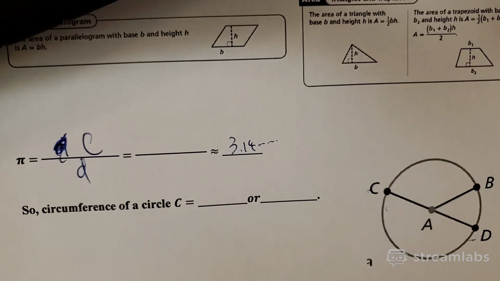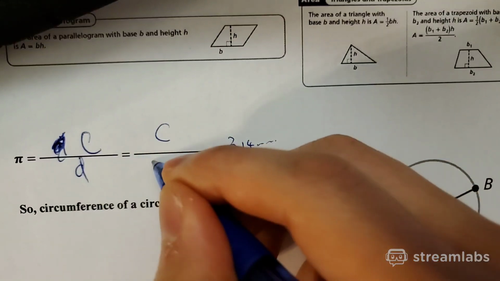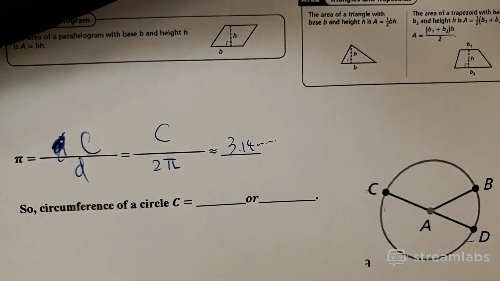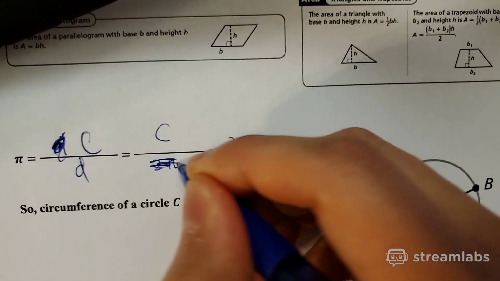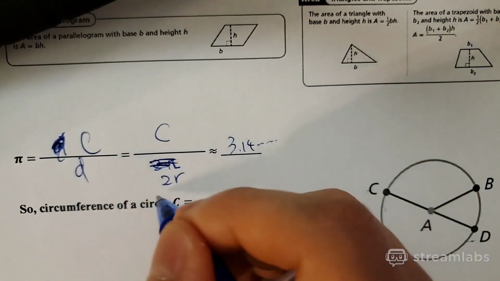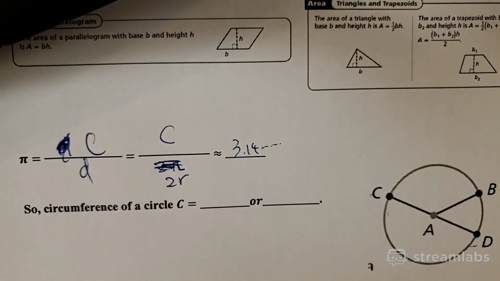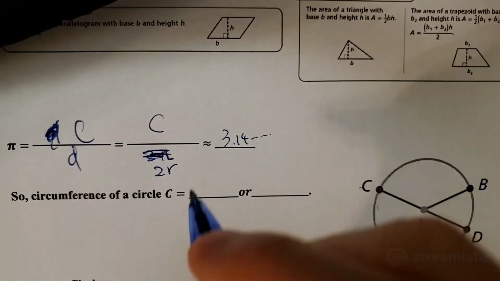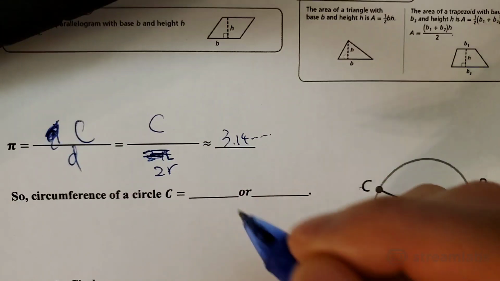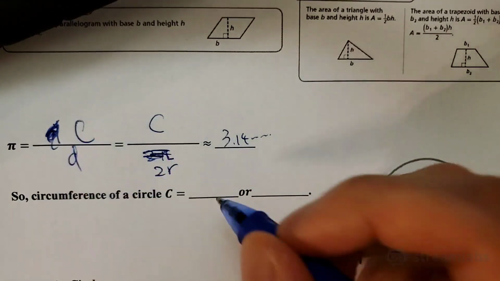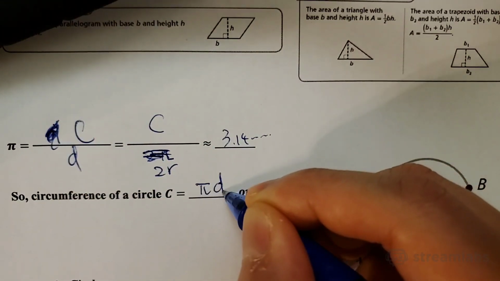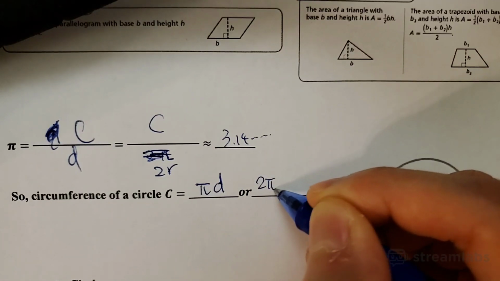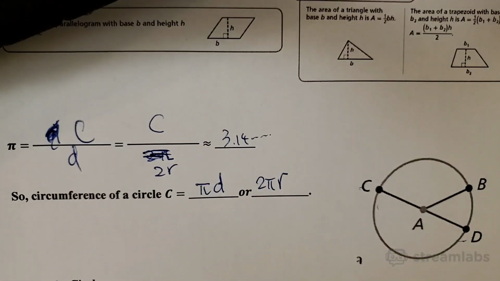Okay, so because of that, I know d is 2r, diameter is 2 times radius. So if you rearrange it, the circumference should be equal to pi times diameter, or 2 pi r. We're okay with that? That is a familiar equation that we have been using.